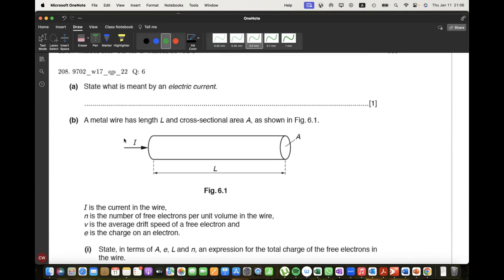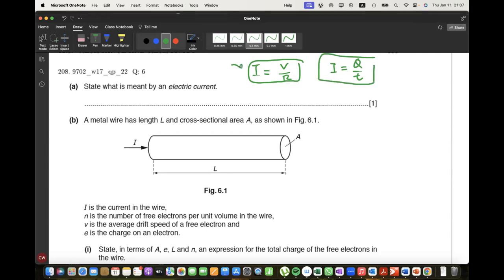What is electric current? What is the definition for electric current? I is what? Potential difference. Why do you always like to use this one? Q over T. Definition, only this one.